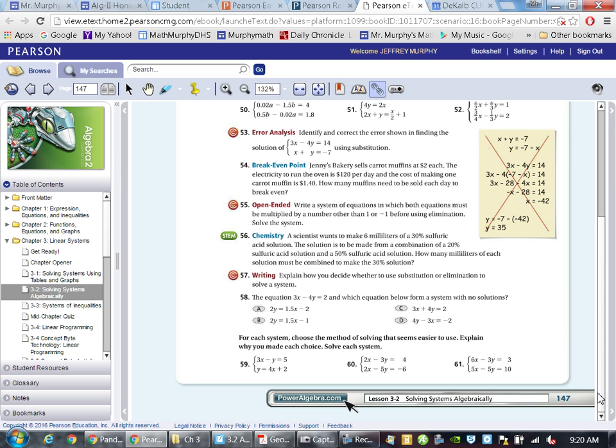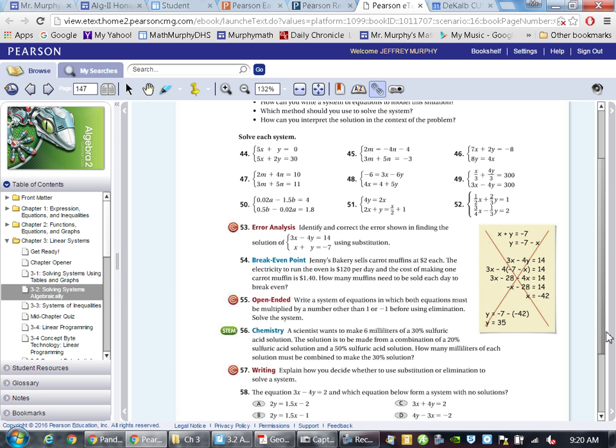So this is section 3.2, on page 147 of the book. Let's do 44 to 49 and 54 for right now. Okay with that? 44 through 49 and 54.